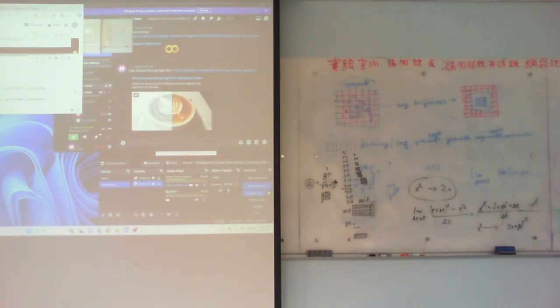Okay, so if I have size 1, then I can only plot 1.